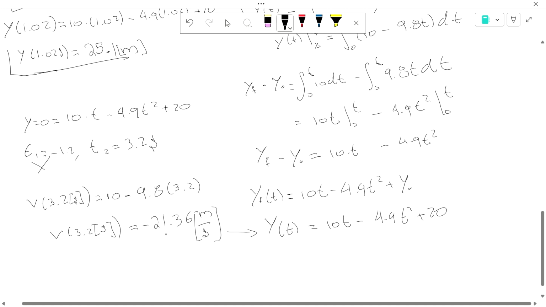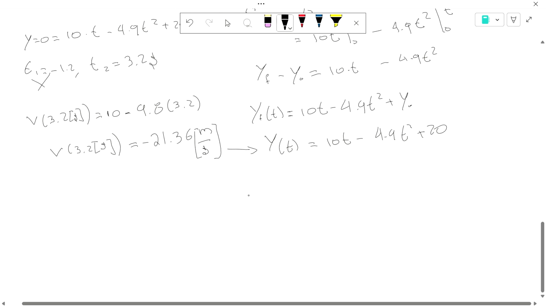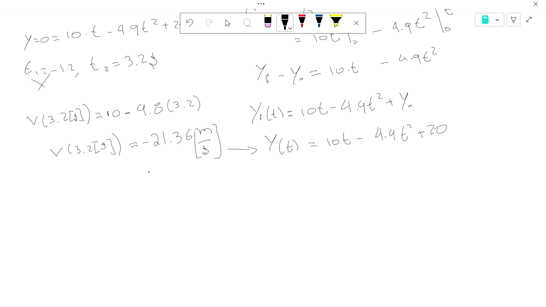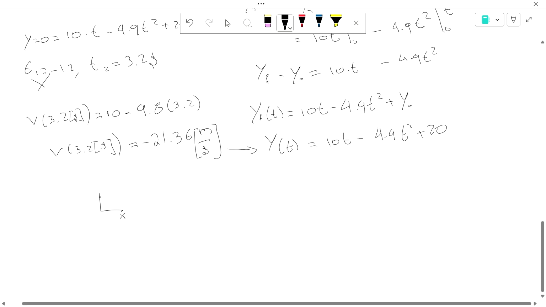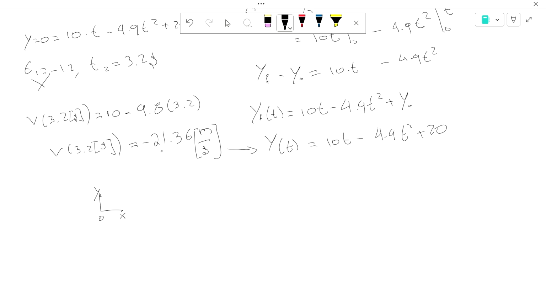Okay, so this is the velocity when it reaches the ground. So the question is, why is it negative? The reason why is negative is because we chose y positive going up. So the magnitude of the velocity is 21.36, but the direction is opposite to our positive direction. So it's basically going down.